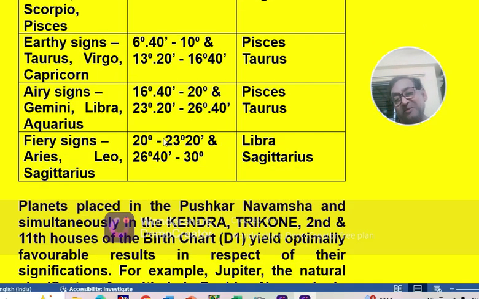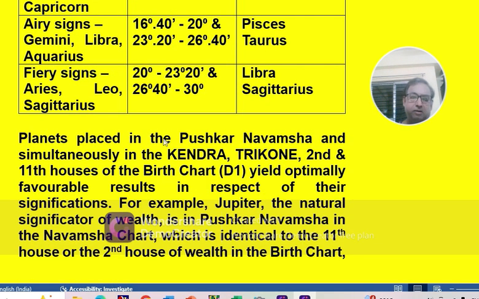Now let us see how to apply those. This is the main thing. Apply the Pushkar Navamsha planets for astrological predictions, because prediction is the crux of astrology. Up to now we have discussed the calculation part. So let us proceed.